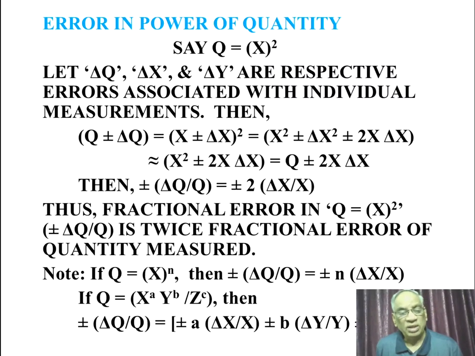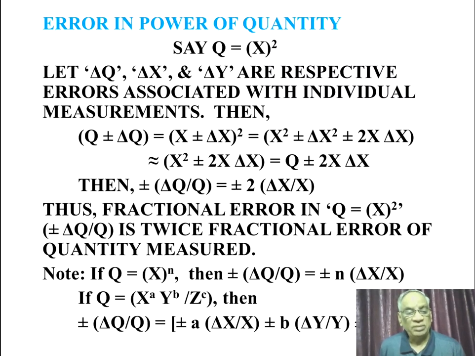If more terms are there instead of only x, like x to the power of a, y to the power of b, z to the power of c, then the individual ones you have to add because they are all multiplication. So you can say delta q by q is equal to plus minus a times delta x by x for the x to the power of a term, plus minus b times delta y by y for the y to the power of b term.